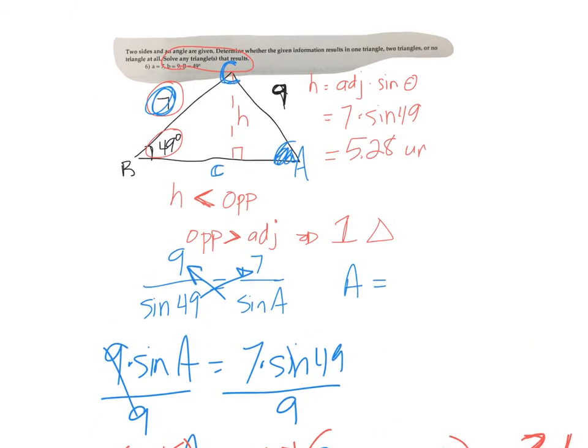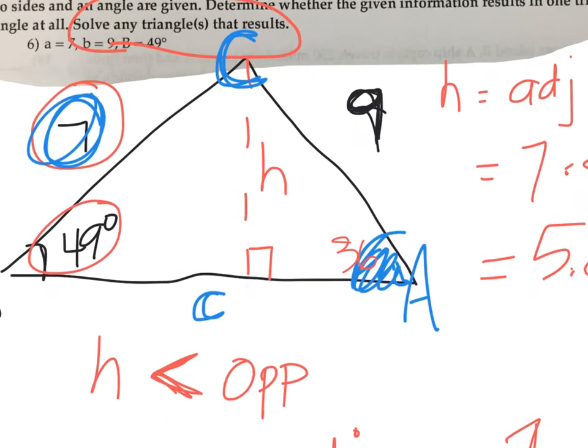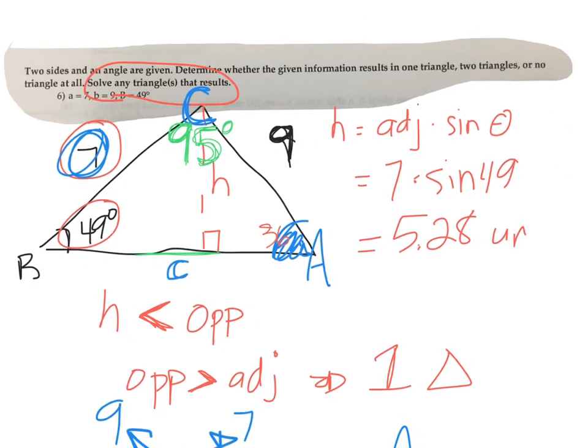So if angle A is 36 degrees, to find angle C, we simply have to subtract the other two from 180. So 180 minus 49 minus 36 gives me a 95-degree angle C. The last thing to find when we solve this triangle is little side C, or in this case, larger side C, since that's across from the largest angle.